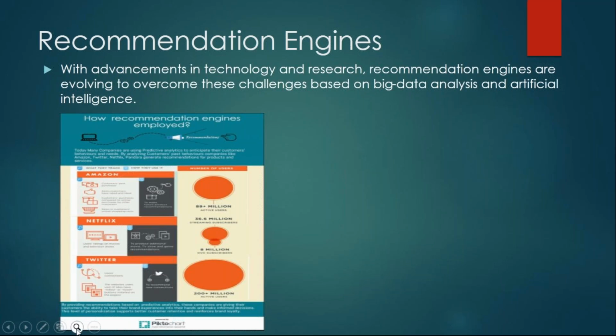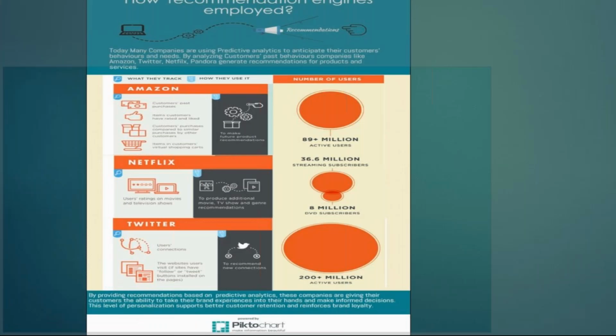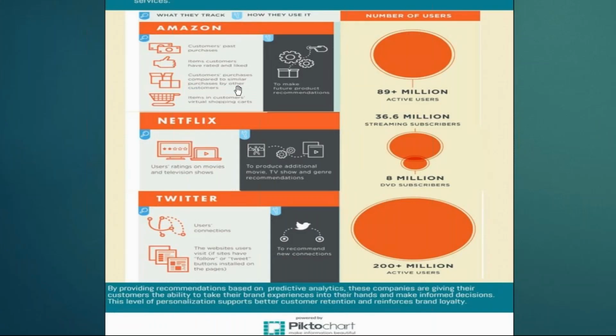So let us go through some examples. Amazon, Netflix, and Twitter use recommendation. It's just a fact here: in terms of the number of users, we have 89 million users, and in Netflix we have 36.6 million streaming subscribers and 8 million DVD subscribers.